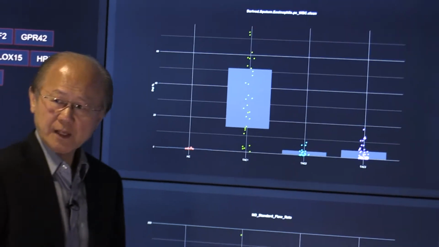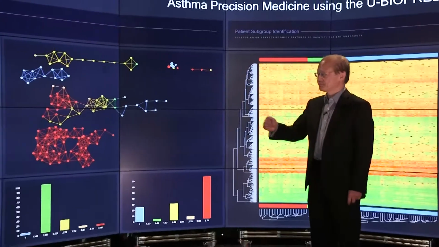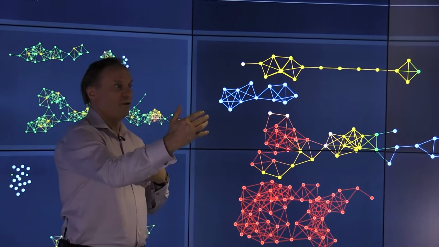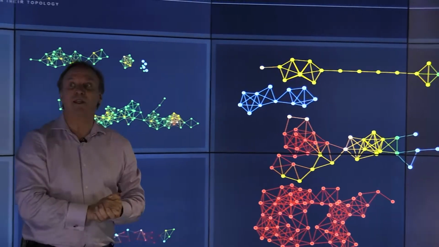So now Professor Ian Adcock is going to present the analysis using a different approach from the hierarchical clustering, which is topological data analysis. Okay. As you can see in the maps over here, there is some spread in the number of patients within each group.